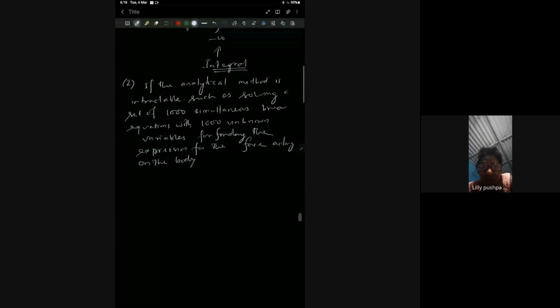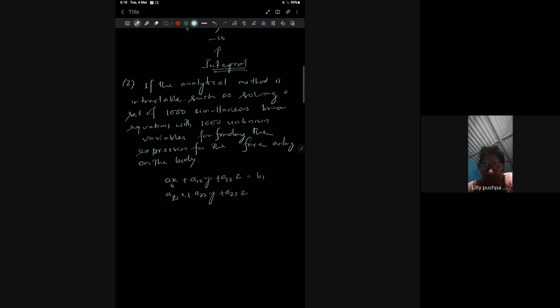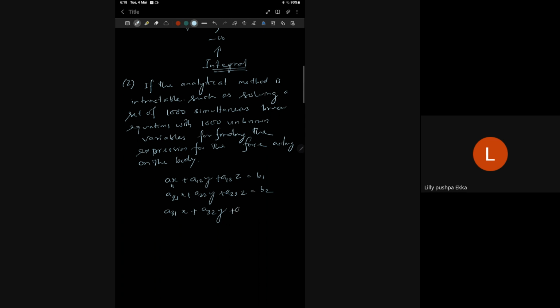So to give an example, let's say a11x plus a12y plus a13z is equal to b1, a21x plus a22y plus a23z is equal to b2, a31x plus a32y plus a33z is equal to b3.